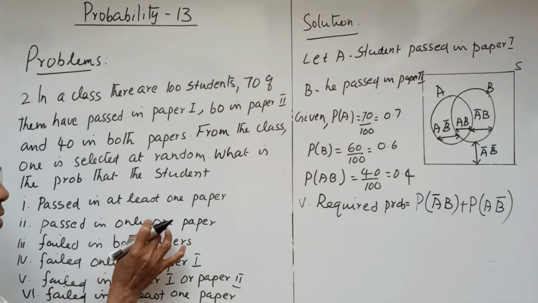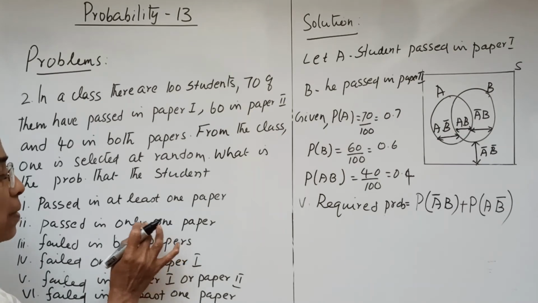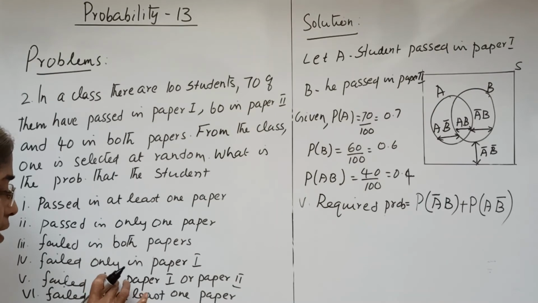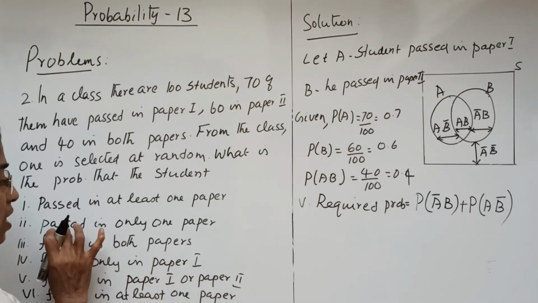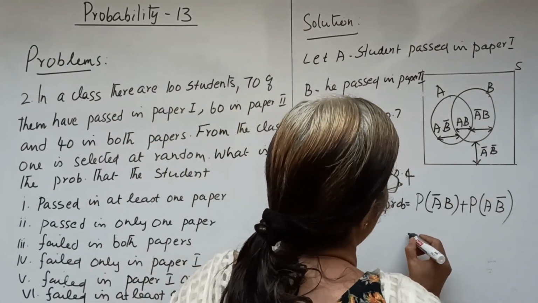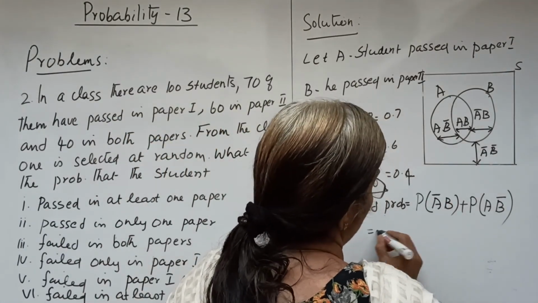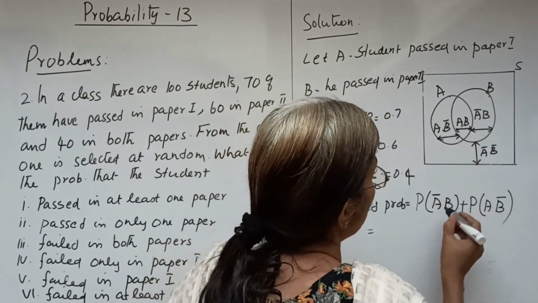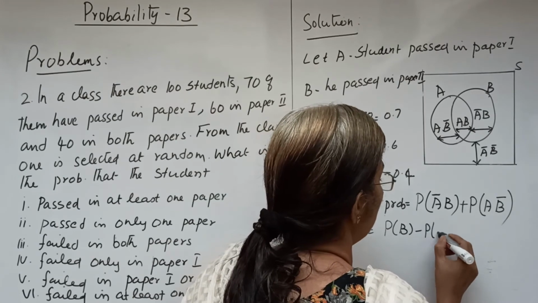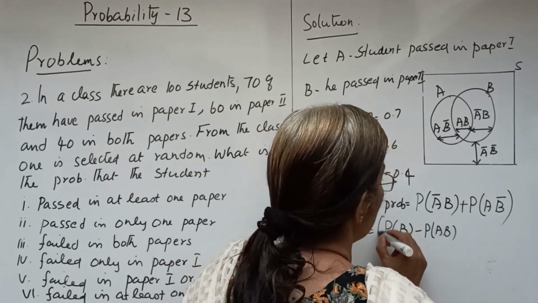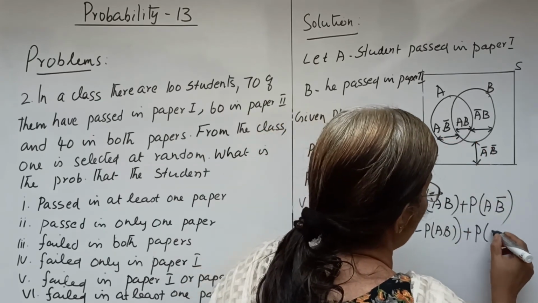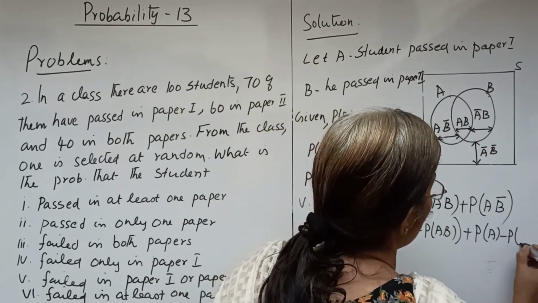He passed in only one paper. Okay, this is the same event. That is, failed in paper 1 or paper 2 is passed in only one paper, and we have obtained the probability. Once again let me write. P of A bar intersection B is P of B minus P of AB, plus P of A intersection B bar, that is P of A minus P of AB.